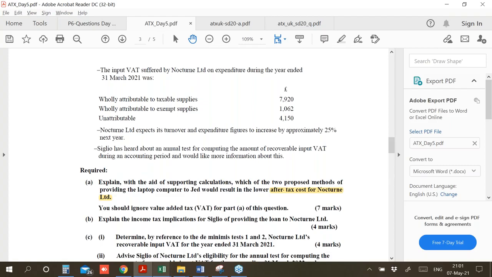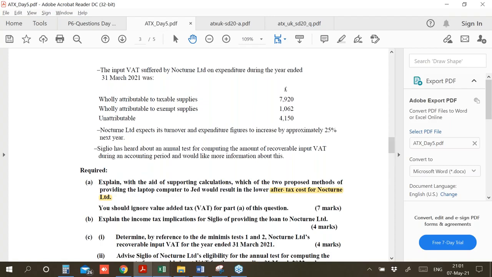On that, the company will not be able to claim any capital allowances. However, if the company provides you the old laptop and buys a new one for itself, it will be able to claim the capital allowances on the new one. However, there will be a balancing charge on the old one, but despite that, there will be corporation tax savings of 314, resulting in an overall after tax cost of 1649 or 1486.